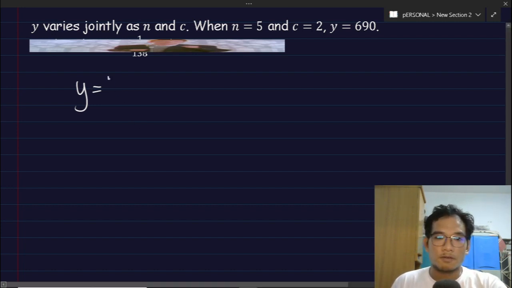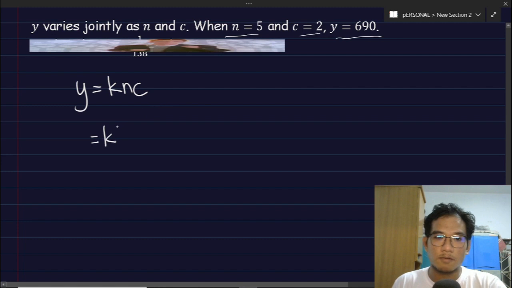And in direct variation, again, the variables are being multiplied to k. So we can put n and c here. Okay, so we have the form of equation, and this is the equation that we're going to use to find k. So we will just substitute the values that we have here.